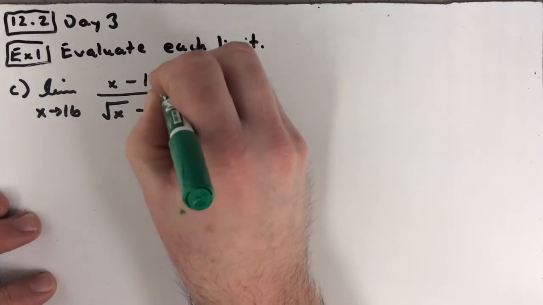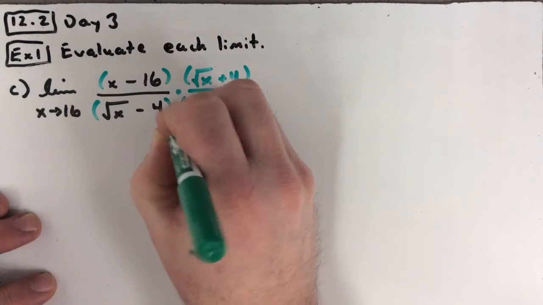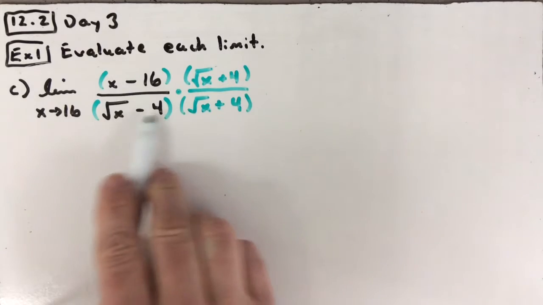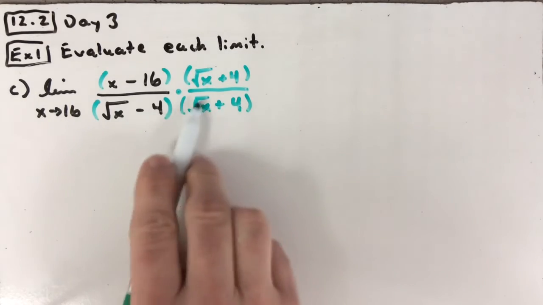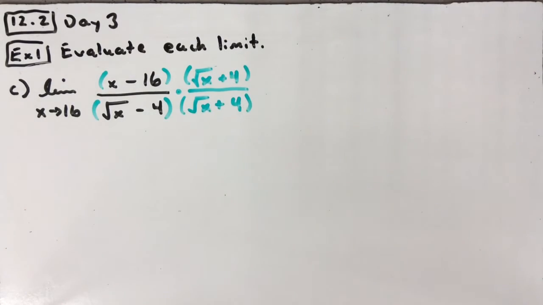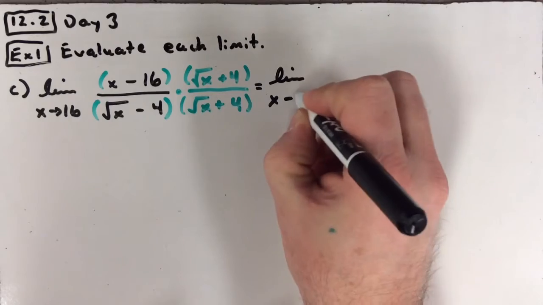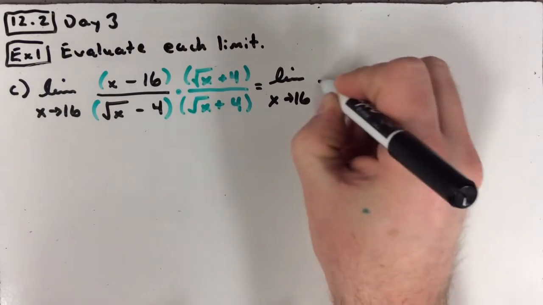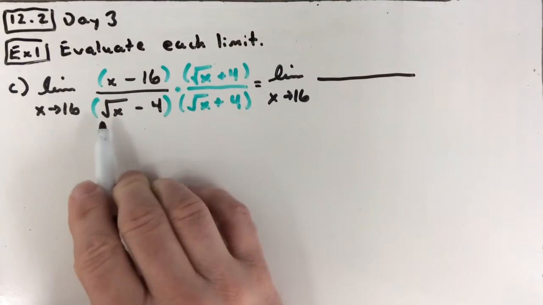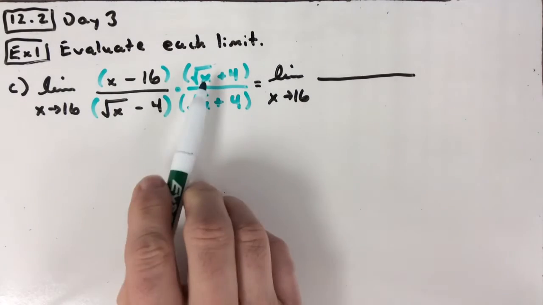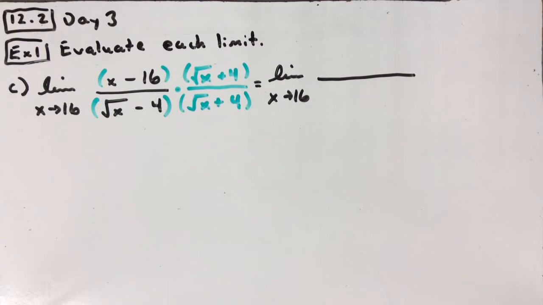Usually, it's a better visual if we have parentheses around all of those parts. Down in the bottom, we are multiplying something by its conjugate, and we're going to want to multiply that out. Up in the top, though, we have x minus 16 times the square root of x plus 4.